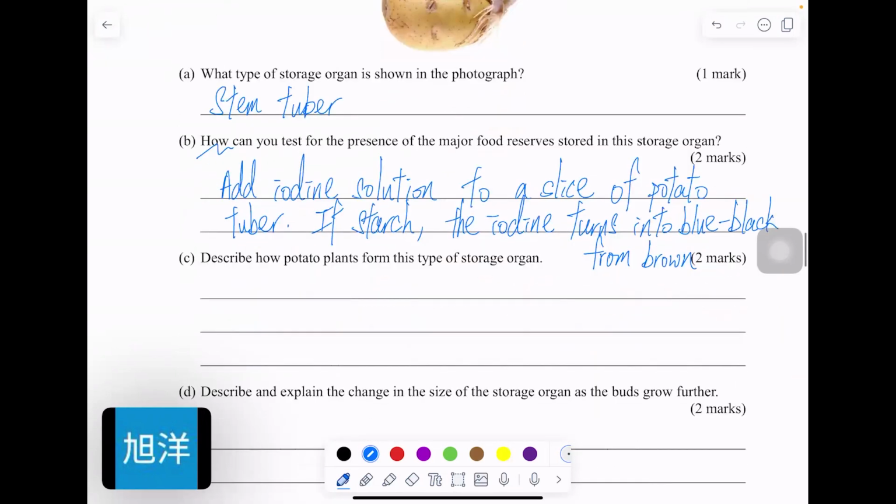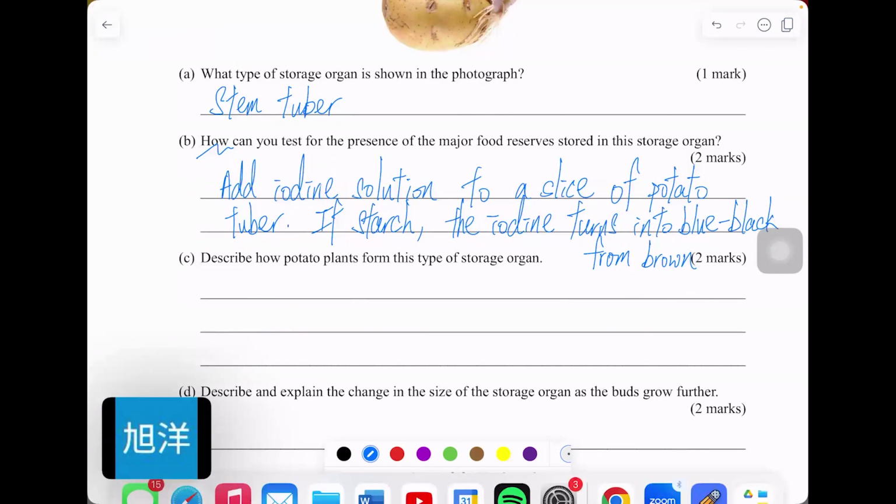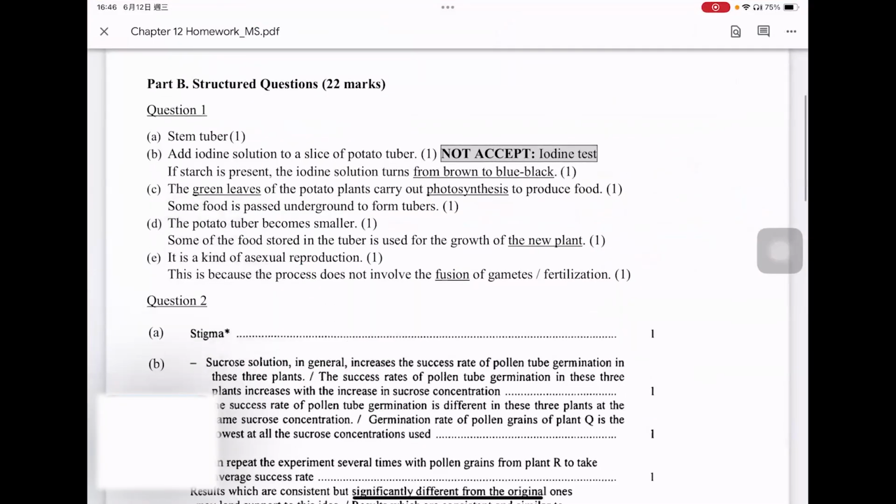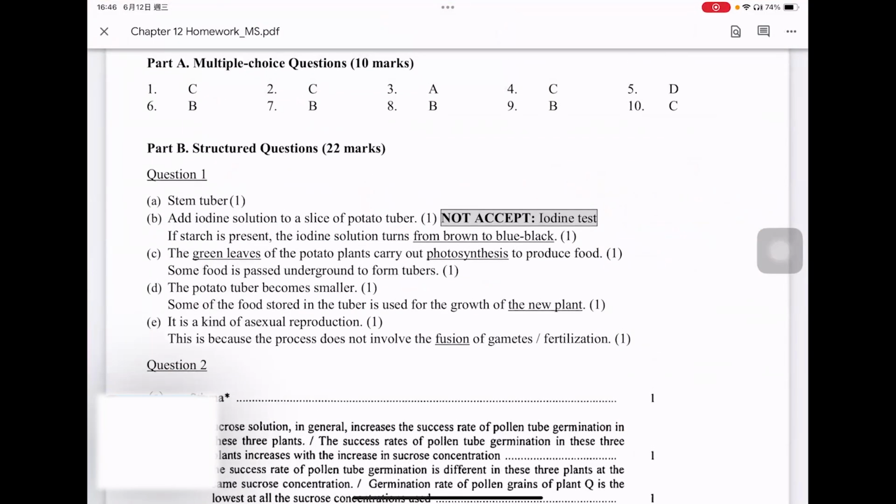Okay, describe how the potato plant forms this type of storage organ. We need to talk about how the potato can develop or form this type of storage organ. Many of you just simply write down how the stem tuber will grow or form a new individual.